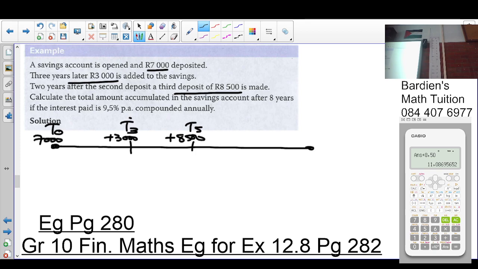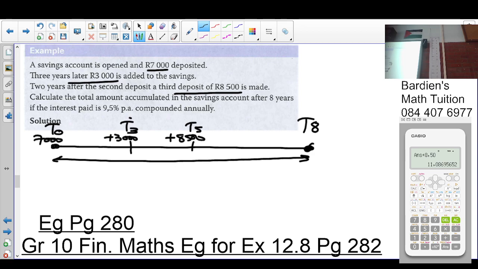Calculate the total amount accumulated in the savings account after 8 years. So we're going to end here, if the interest paid is 9.5% per annum compounded annually. The majority of the time, the interest on a timeline is compounded annually.